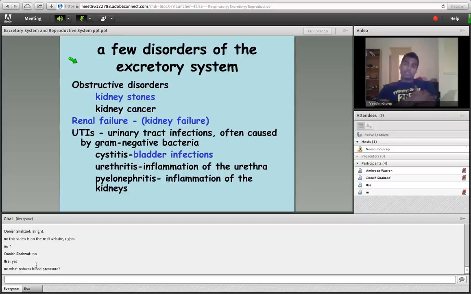It's called ANP, or atrial natriuretic peptide. ANP antagonizes aldosterone. It causes the kidney to excrete more sodium and more water, and that also reduces blood pressure.